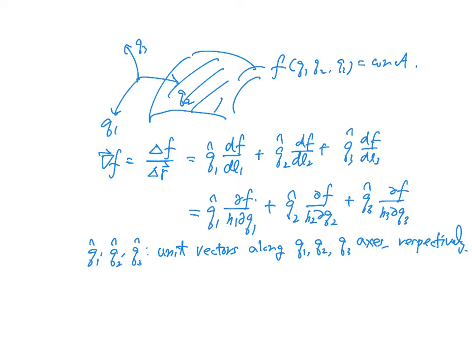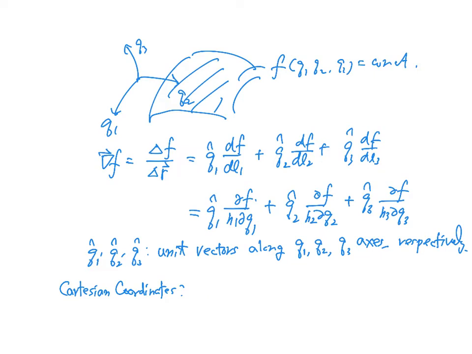So I can write down the gradient in 3 different coordinates, simply in Cartesian coordinates. So far there are 19 different curvilinear coordinate systems known to us, and I guess we are lucky because we have investigated only 3.